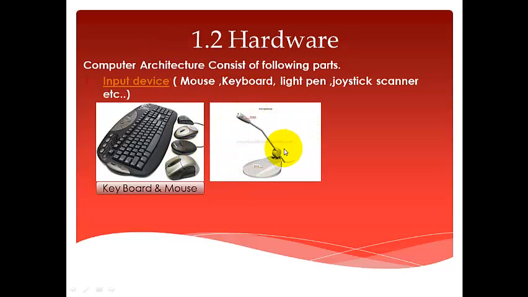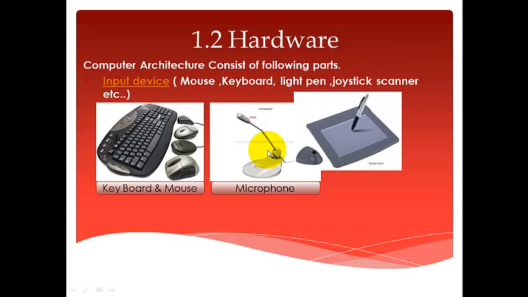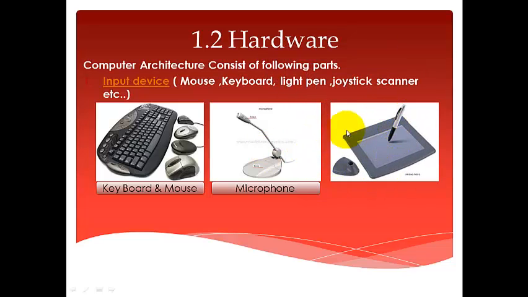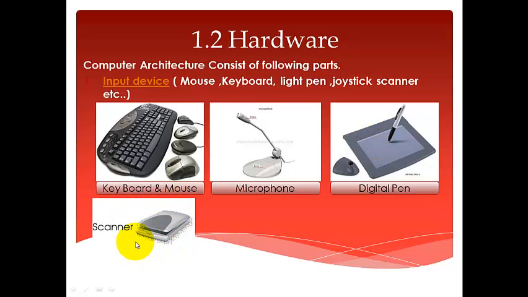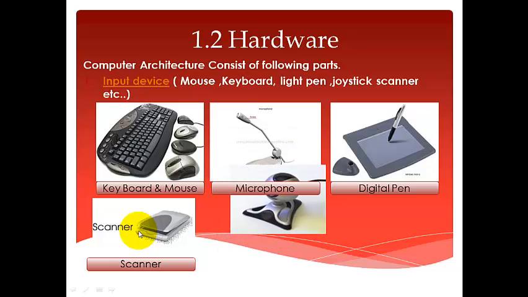And this one is called a microphone, and here sound is the input. And this is a digital pen. Whenever you write with this, the signature is taken as an image; whatever you write will be taken as digital writing. And next comes the scanner. Whenever you want to give an image as input, we can use a scanner.